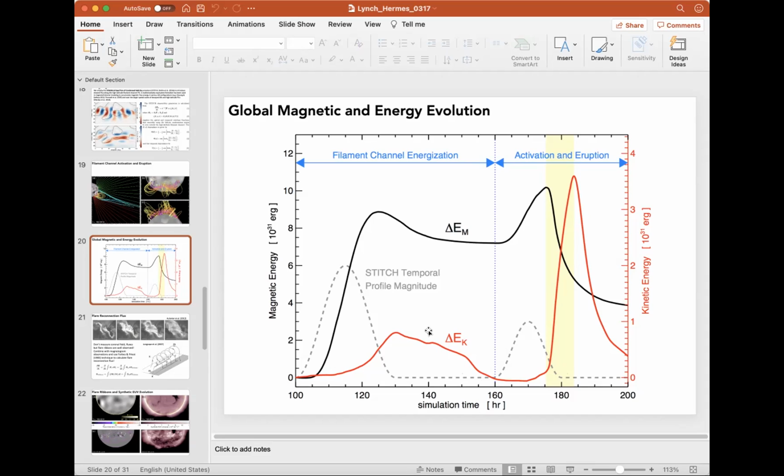Okay, thank you. But what did you mean by threshold? Well, it's whatever this is on this graph. So here it's not erupting, and here it is erupting. So the threshold is somewhere between 9 and 10 times 10 to the 31 ergs. Okay, thank you.